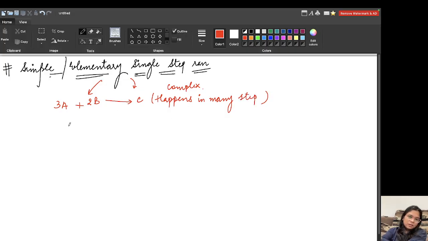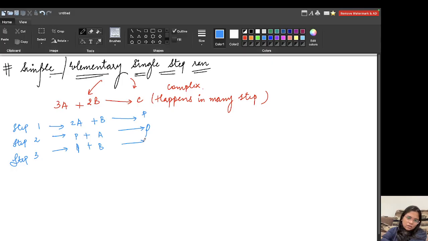For example, in this, my step 1 is 2A plus B giving me P. Step 2 is P plus A giving me Q. Step 3 is Q plus B giving me C. What is the overall reaction?